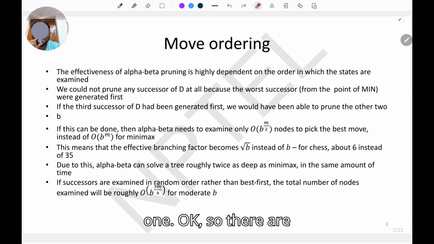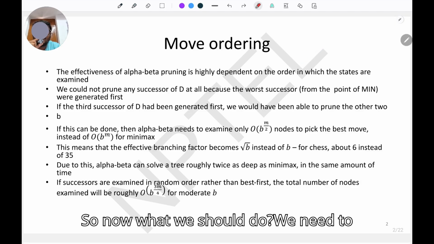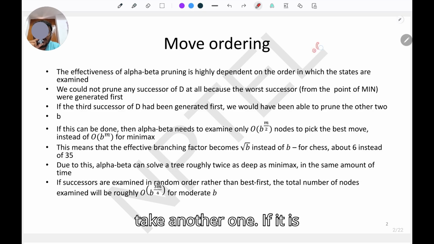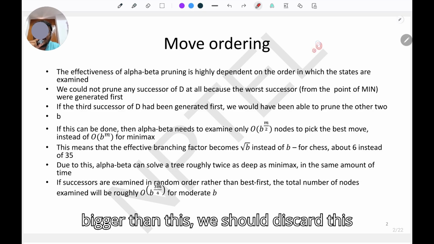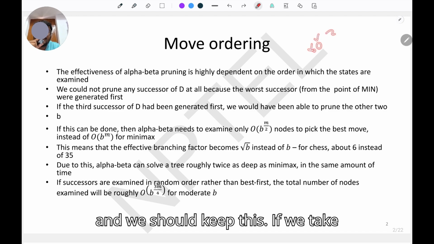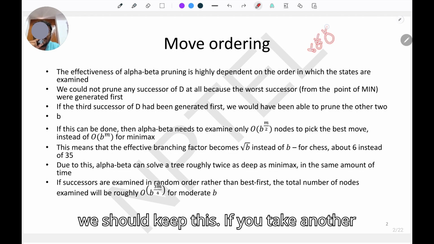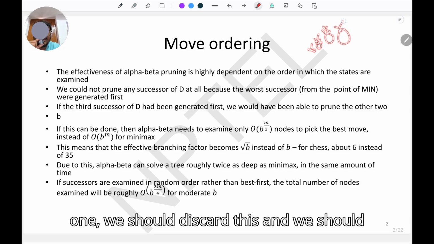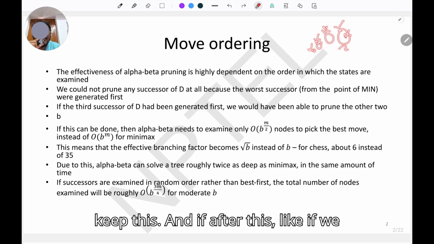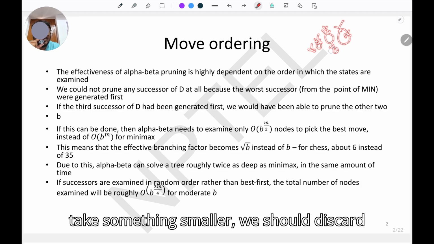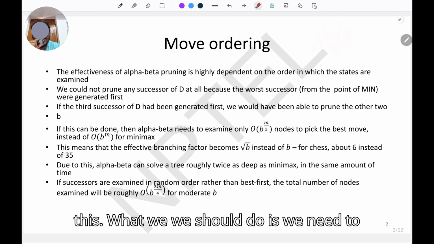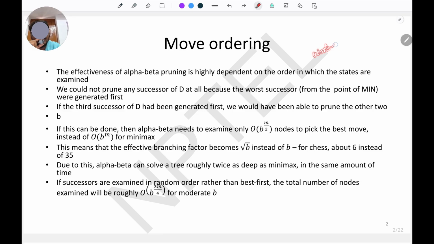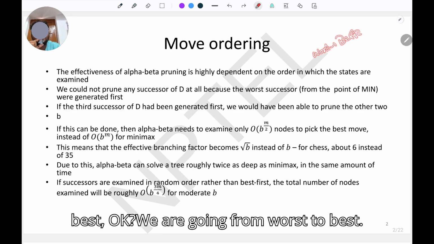There are 50 tomatoes and we have chosen the smallest one. Now we take another one. If it is bigger than this, we discard this and keep the new one. If we take another one, we discard this and keep that. And if we take something smaller, we discard that and keep this. Like this, we go from worst to best.